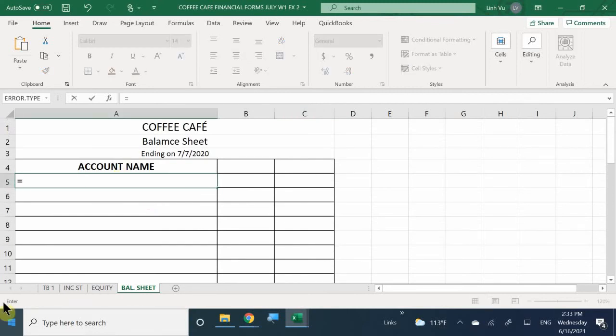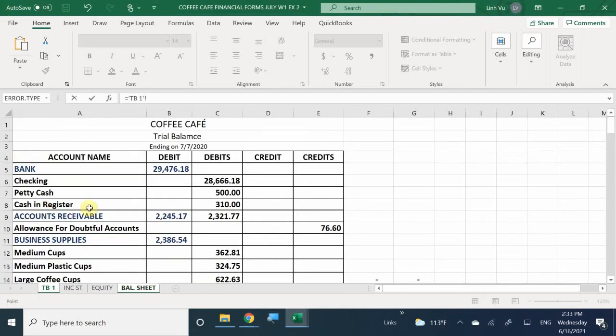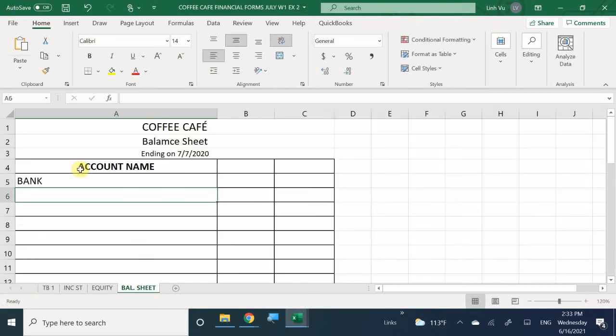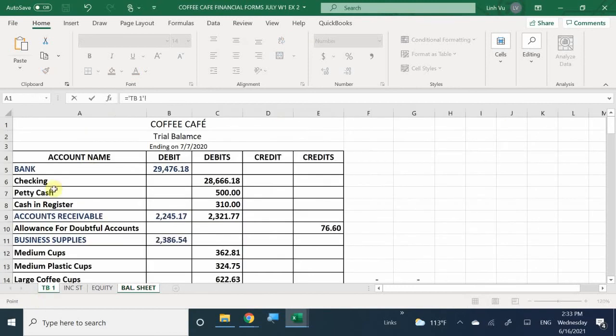So let's go ahead and start from the very beginning. What's my first asset? Bank. My bank account, right? How much is my bank account right now? $29,400. Good.